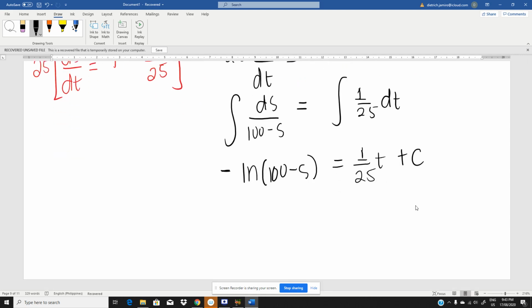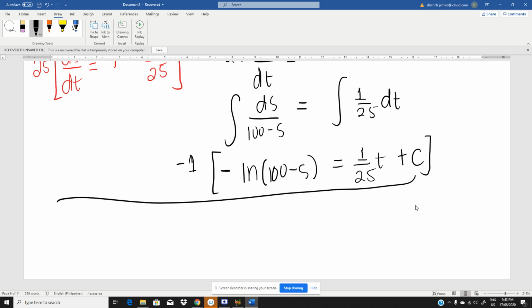Multiplying both sides of the equation by negative 1, we will have ln of 100 minus s is equal to negative 1 over 25 t plus c.